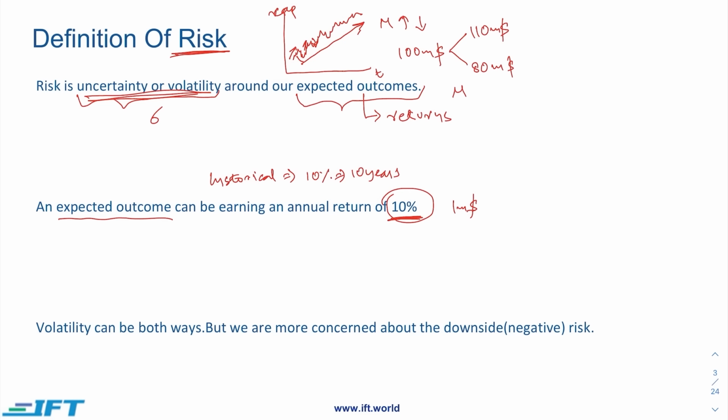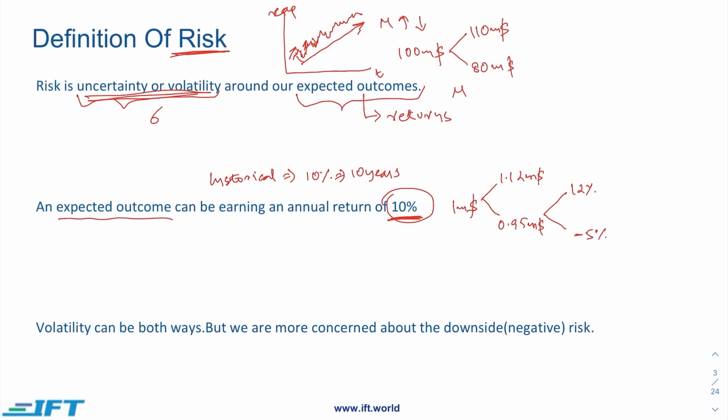So if there's a chance of getting a 12% return, there's a chance that we may also lose 5% of our investment as well. So we can get $1.12 million, but there's a chance that our investment goes down to $0.95 million.